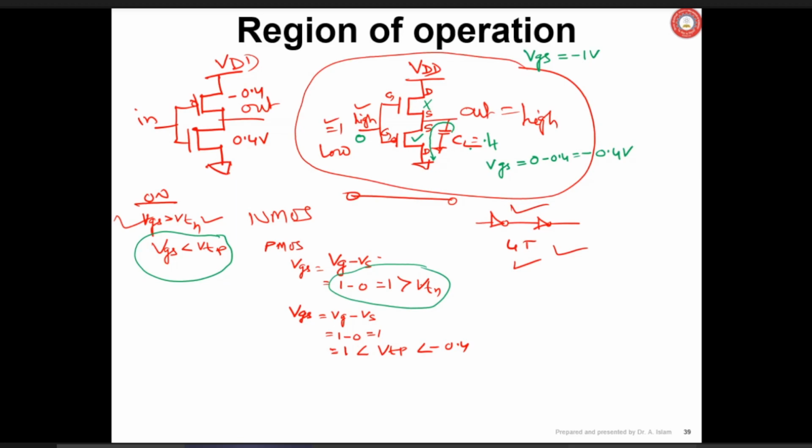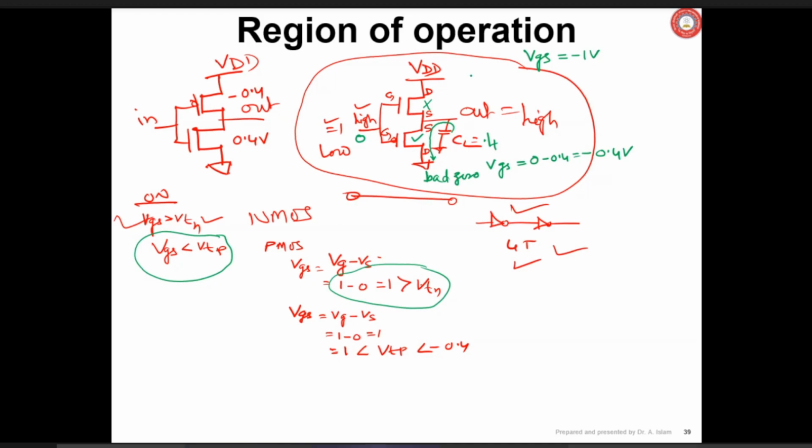Now, if CL tries to drop below 0.4 volt, what will happen to the P MOSFET? It will be off. It means the P MOSFET cannot give you a good 0. It will give a weak, sorry, bad 0.